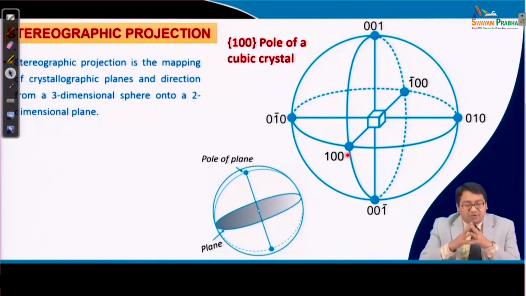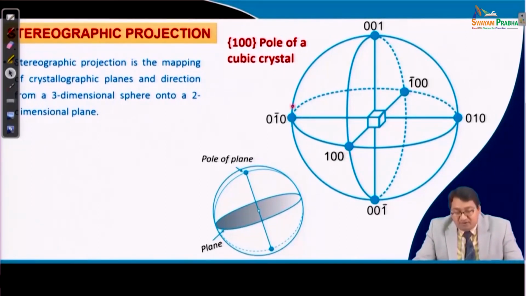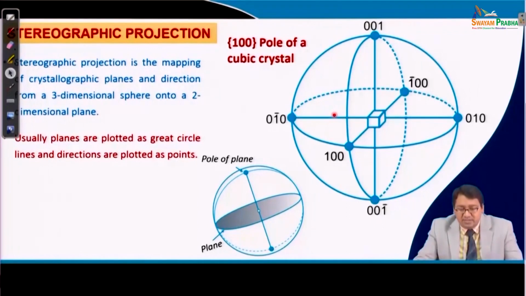So, a stereographic projection is basically the projection or mapping of this information in this 3D stereogram on a 2-dimensional plane, right. So, you see in this case you will also notice that when we are plotting this direction along the x axis, we are saying that it is the 1 0 0 direction, and it is shown by a spot, and therefore, it is called a pole.